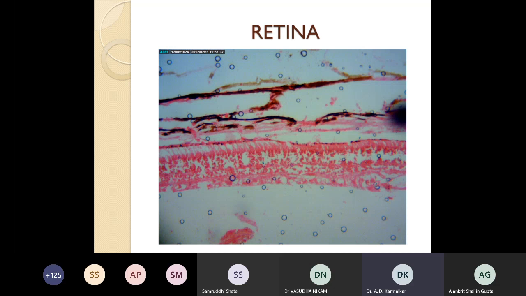So the outer layer is the pigment layer. Underneath, you can see the layer of rods and cones, in which you can see the nuclei of the rods and cones, the outer plexiform layer, then the inner nuclear layer. That again, during the practical I can show you in more detail. It is quite difficult to show all the things here.